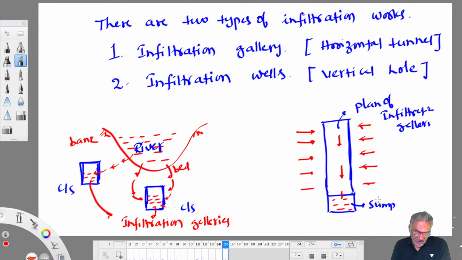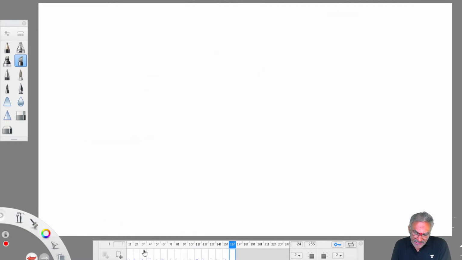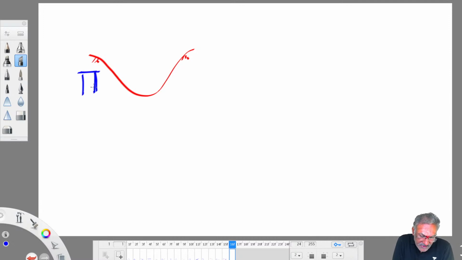Infiltration wells, you see, their orientation is different. Gallery is horizontally oriented, wells are vertically oriented. We collect water the same way. It is a river. So wells always collect water from the bottom, gallery always collects from the top sides. This is a well, either at the bed of a river or bank of a river.